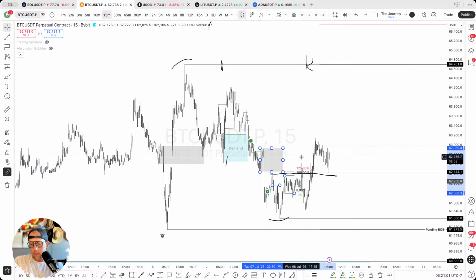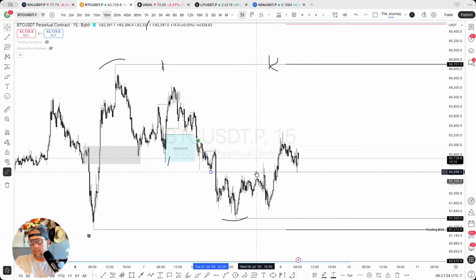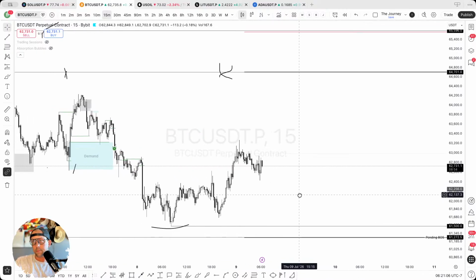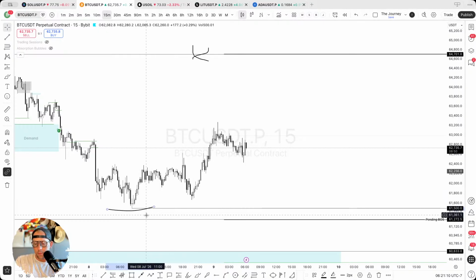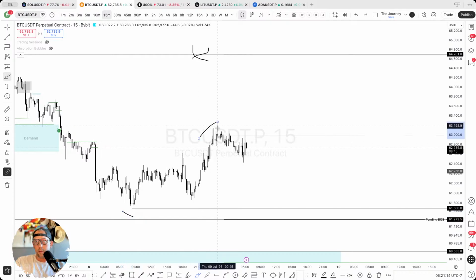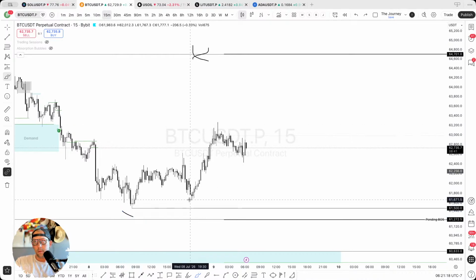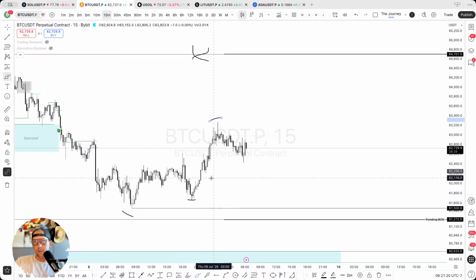I don't think we need any of these drawings, let's get those cleaned up. Now, the leg of price from here to here does not turn bearishly until here. And the leg of price from here to here does not turn bearishly until here.